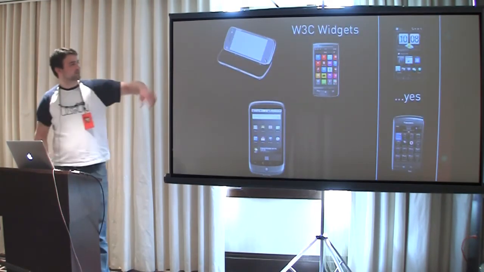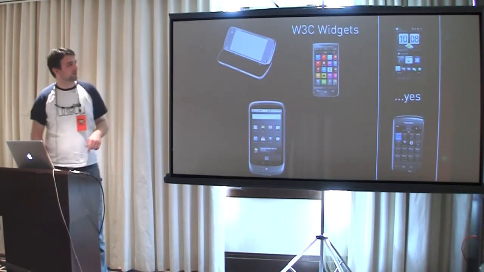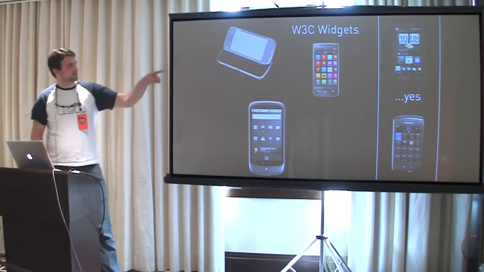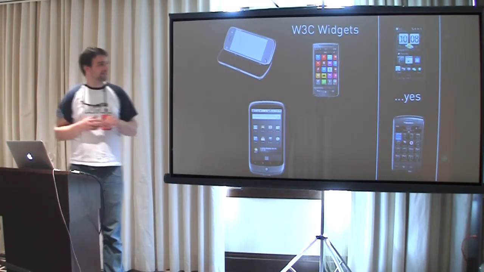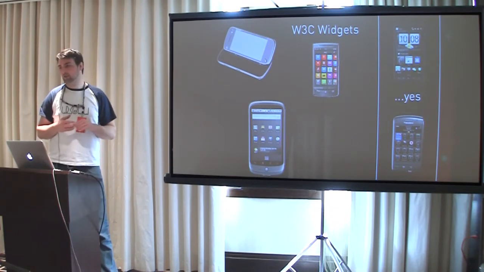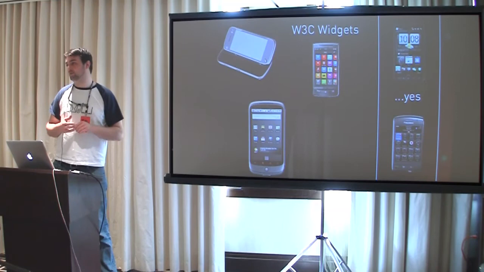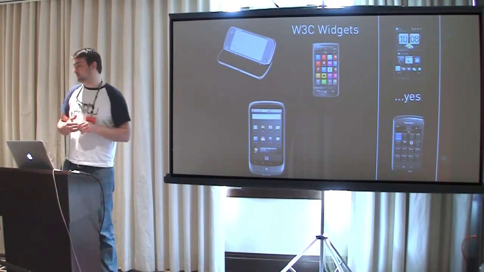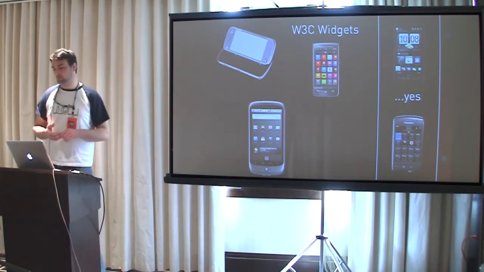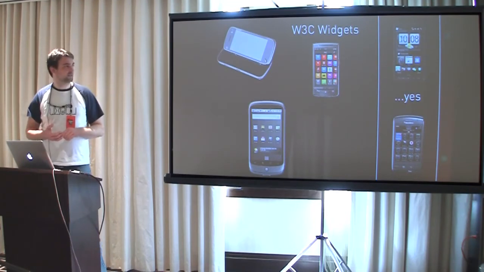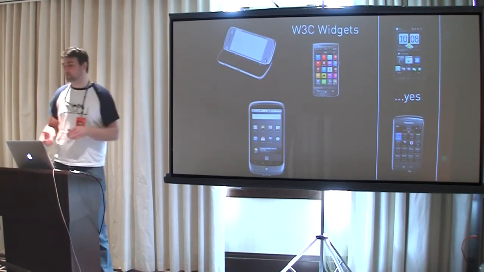So here you see these are all devices that already support W3C widgets. Interesting is that Microsoft started to support W3C widgets since Windows Mobile 6.5. So you also just have to pack your widget file and place it on a device, and you can also place it in any app store.